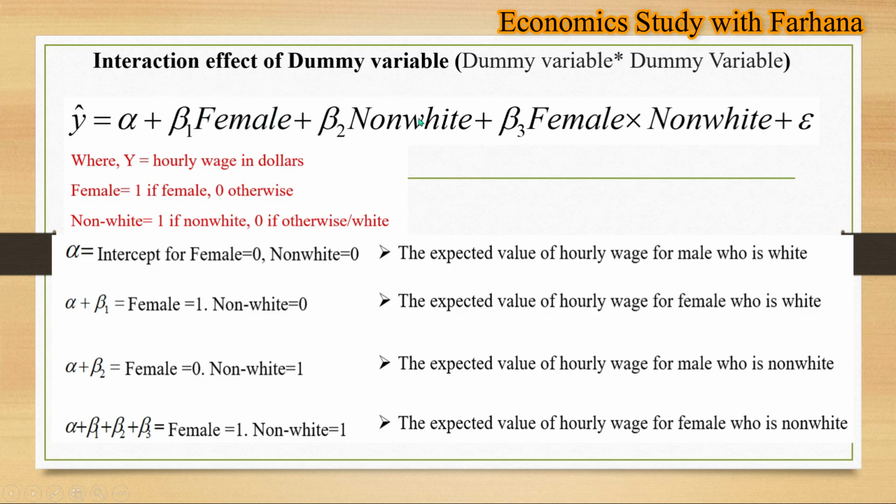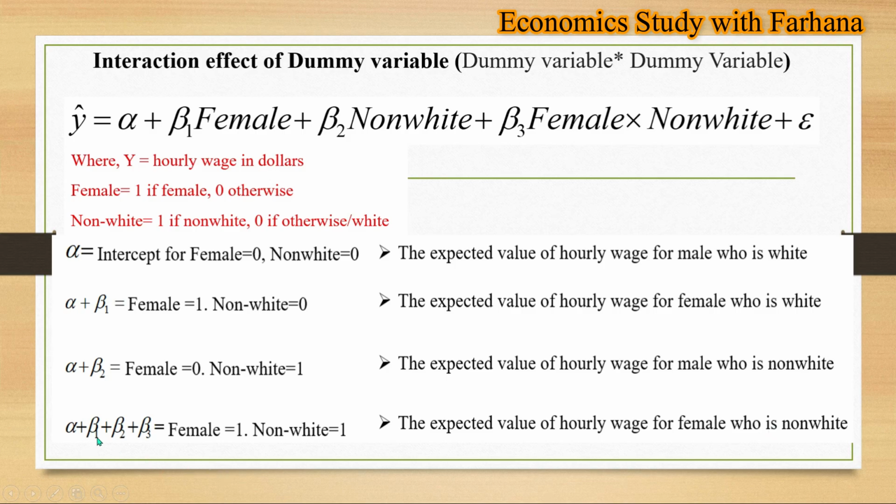Then as non-white is 1, the beta 2 value will remain, and beta 3 into female equal to 0 and non-white equal to 1 makes the whole term 0. So the remaining value is alpha plus beta 2, which represents the expected value of hourly wage for a male who is non-white.